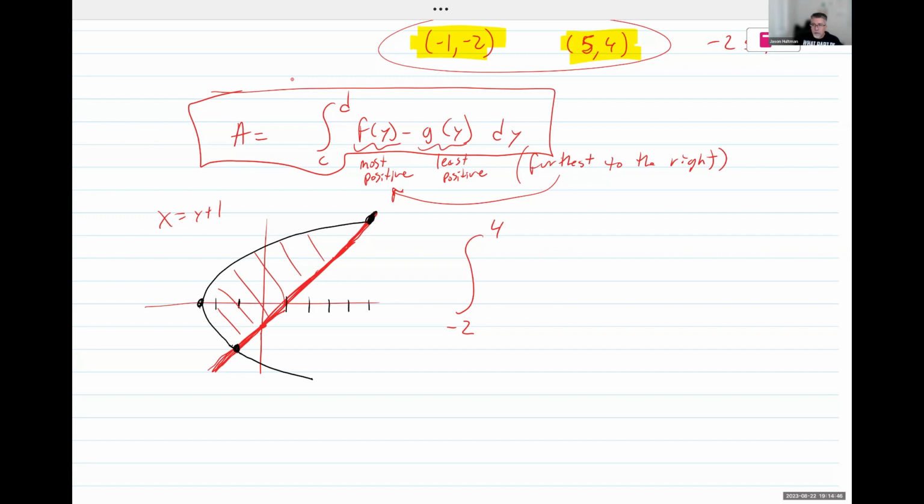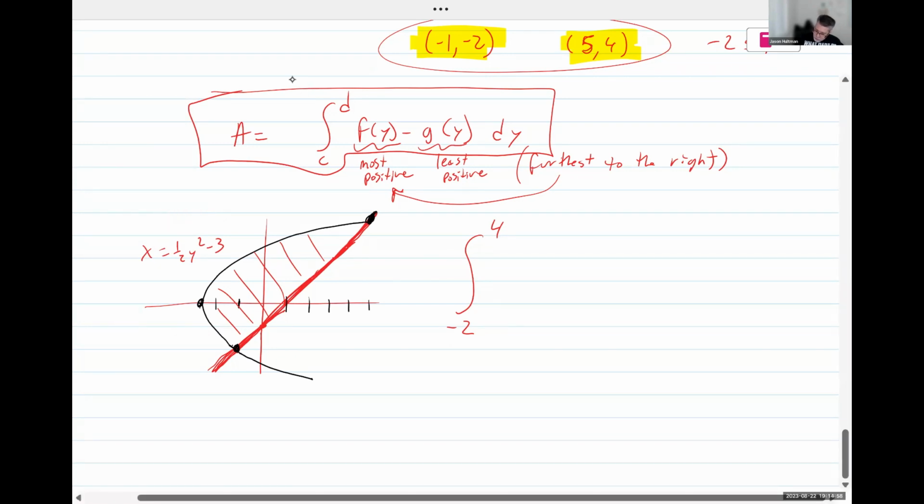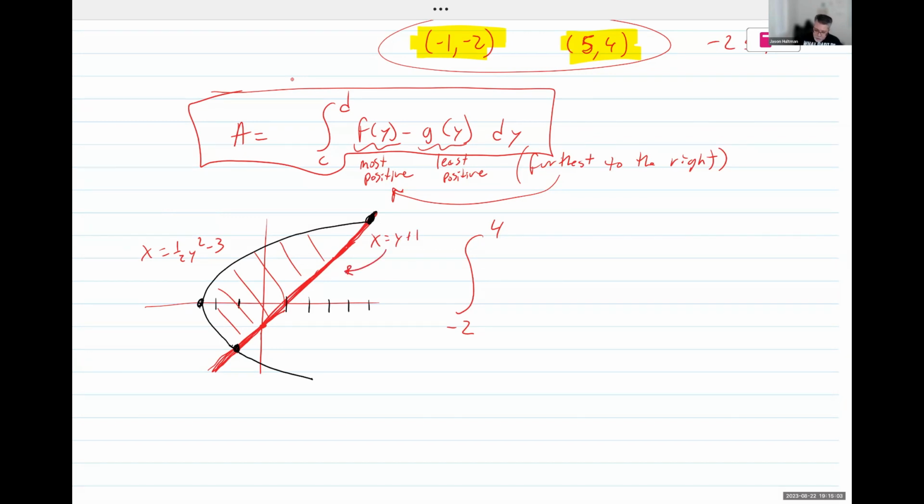Now, what's f of y? Which one of these functions, x equals y plus 1, which is this one, or x equals 1/2 y squared minus 3, which is this guy, is most positive for all the values of y between -2 and 4?